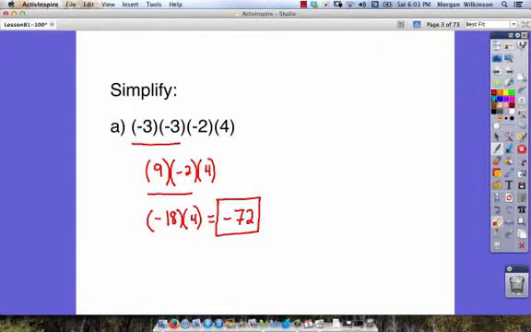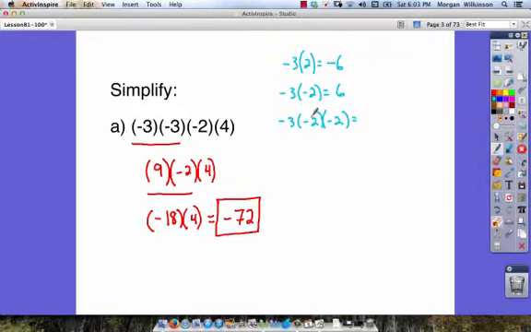Now notice some patterns as we go here. If we have negative 3 times 2, that's equal to a negative answer, negative 6. But if we have negative 3 times negative 2, that turns into a positive answer of 6. Let's say we were to have negative 3 times negative 2 times negative 2.